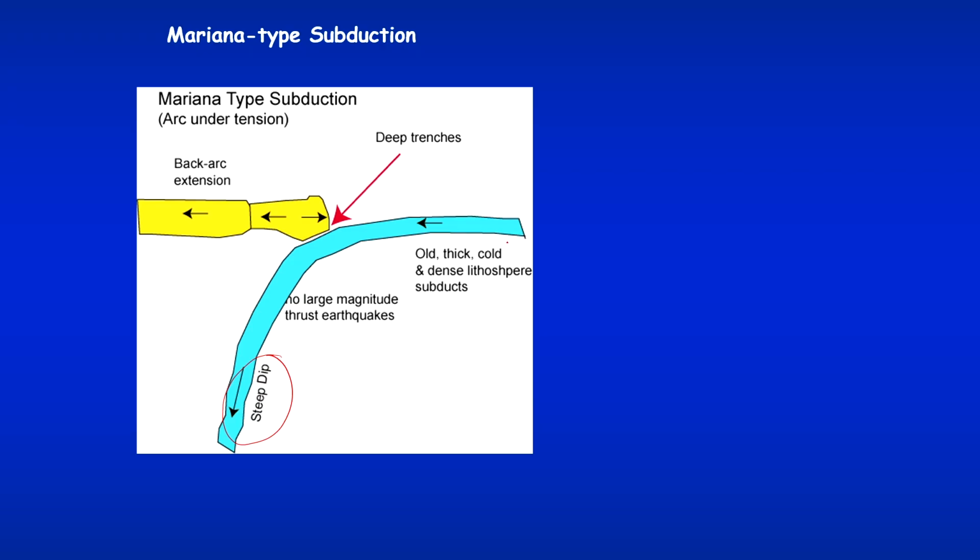The reason is that old thick oceanic crust is comparatively denser as compared to the young, thin, and lighter crust in terms of density. So, here there will be a sort of rollback, what we call, because of the steeper plate which is subducting down, the angle of the plate.